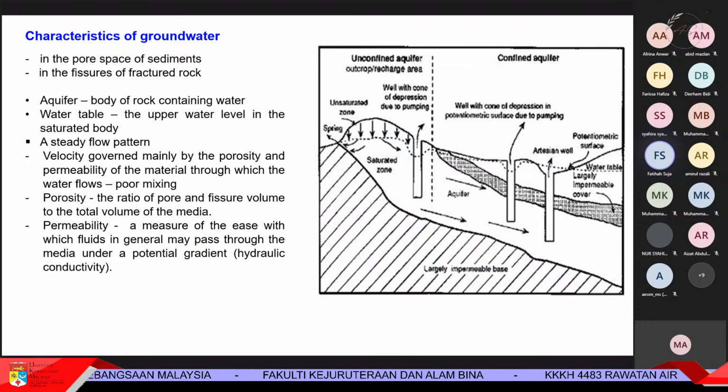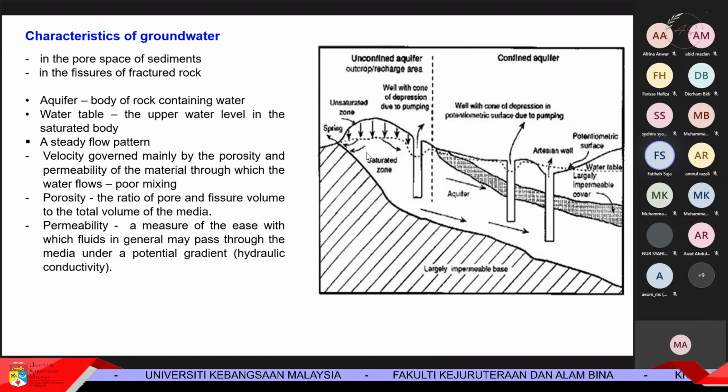But sometimes, although unconfined aquifers, they are vulnerable to contaminants, because there's a wider area where they are recharged, and the contamination may enter, and they have greater interaction with polluted surface water bodies.